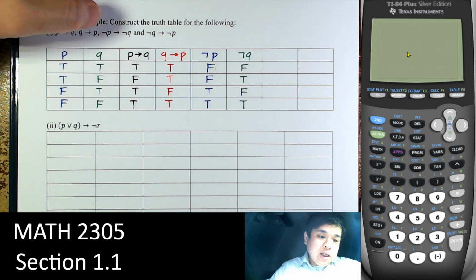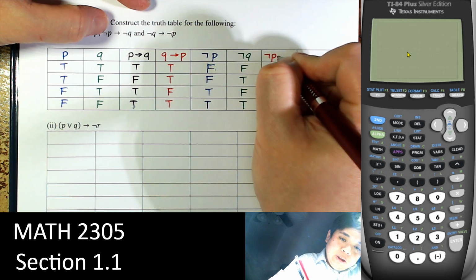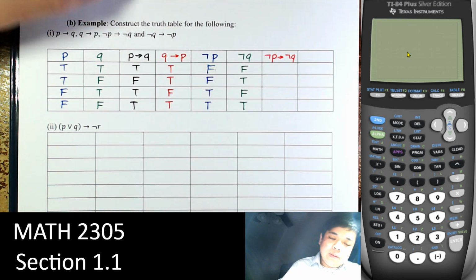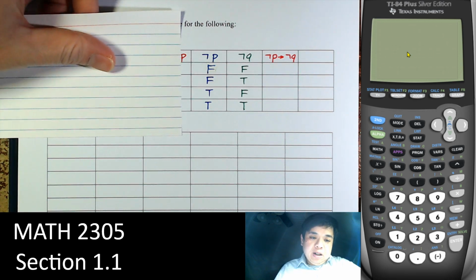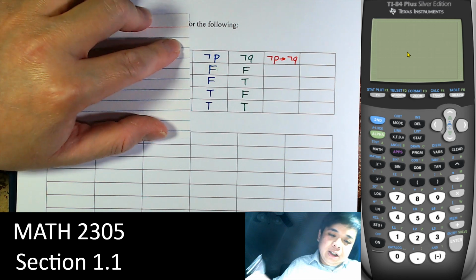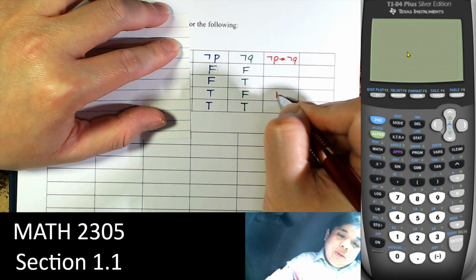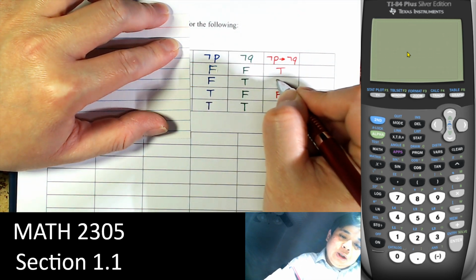Now we do the not P implies not Q. Not P, not Q, pretty much focus on this one. And this is false when we have a true implies a false. Everything else is true.